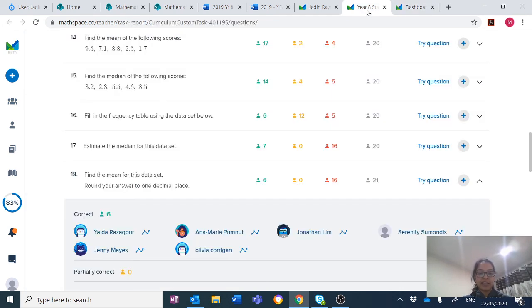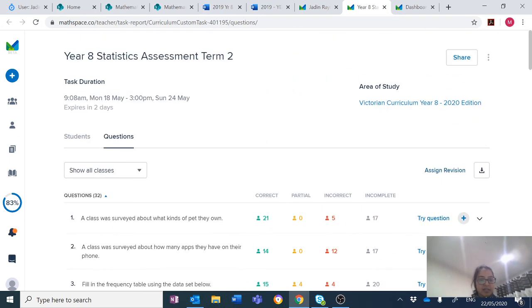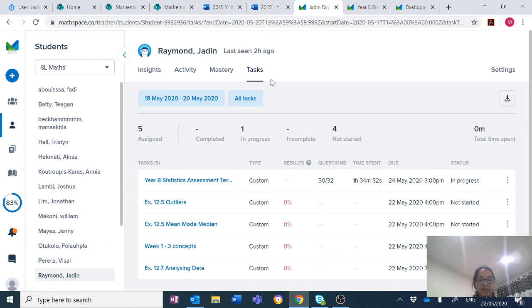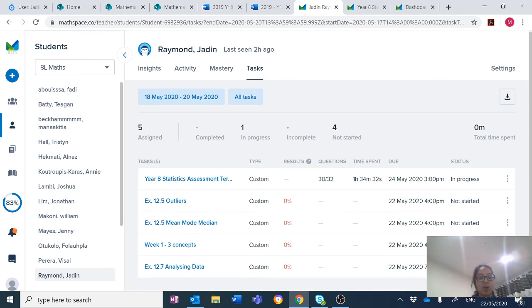Let me show you quickly. These are your tasks. You can ask me questions from outliers, or mean, mode, median, or week 1 to 3 concepts, or analyzing data. These four only, not the fifth one, because the fifth one is your CAT, your assessment.